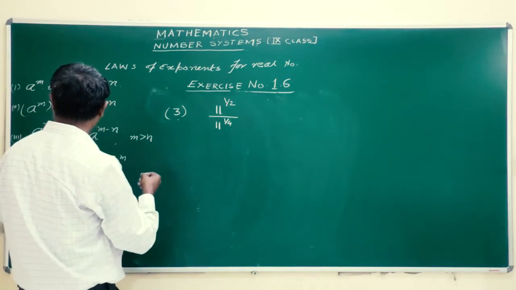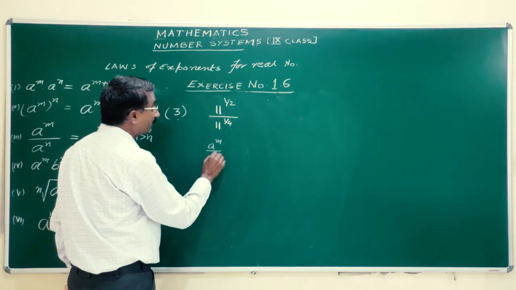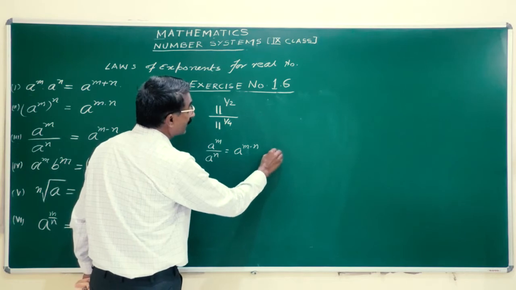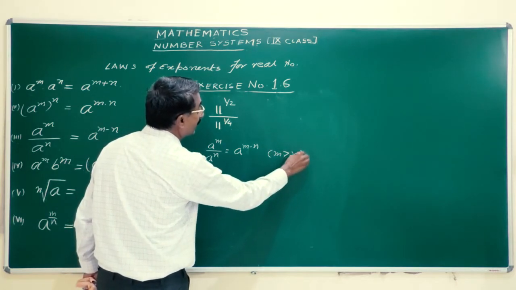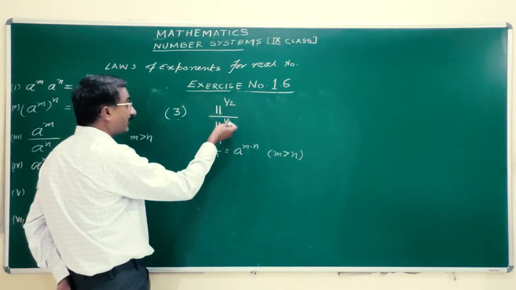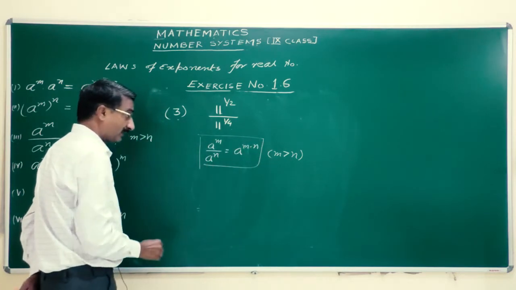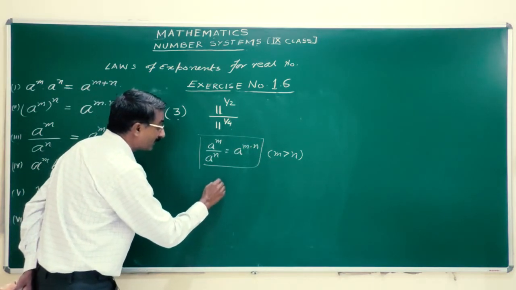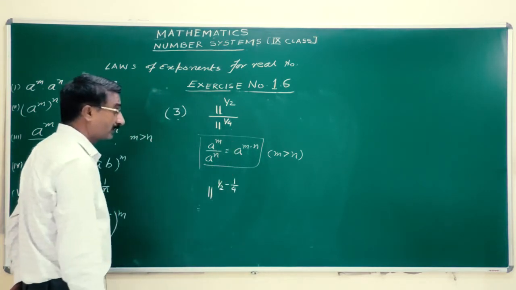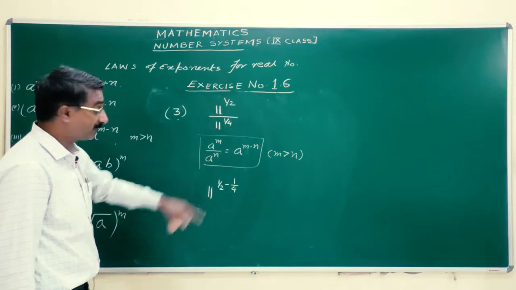So, the identity third one: a raised to the power m upon a raised to the power n is equal to a raised to the power m minus n, where m is greater than n, clear? This identity is being used, it may be in the form of ratio, there is no problem, but the identity will be the same, this one. So, 11 raised to the power 1 by 2 minus 1 by 4, clear? m minus n, m is 1 by 2, n is 1 by 4.